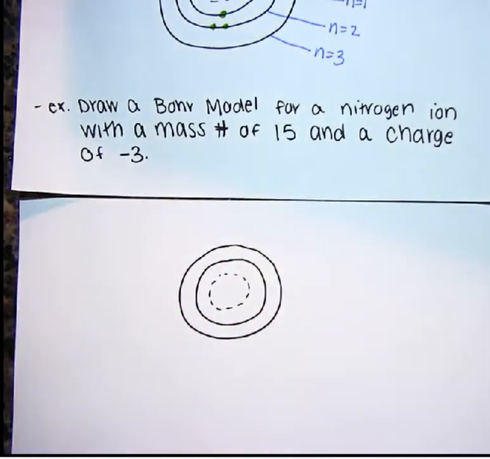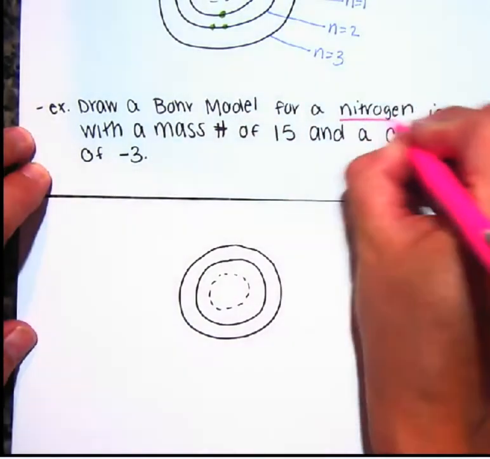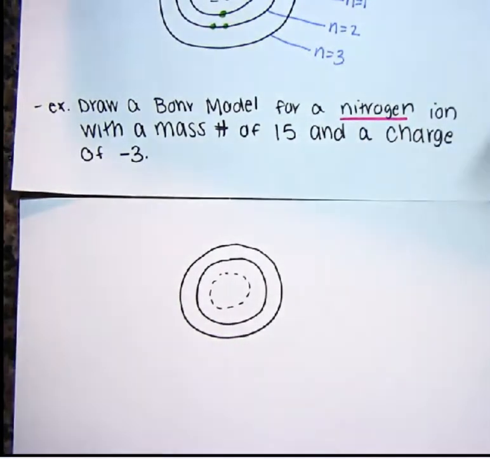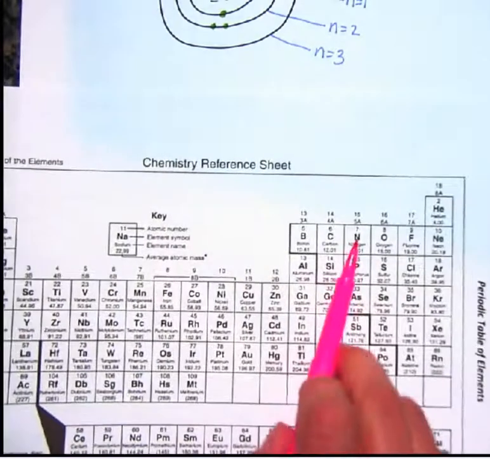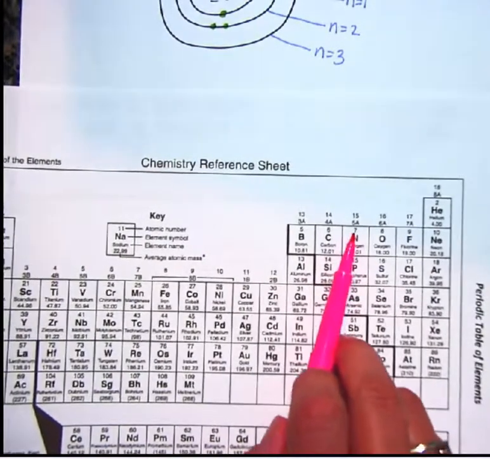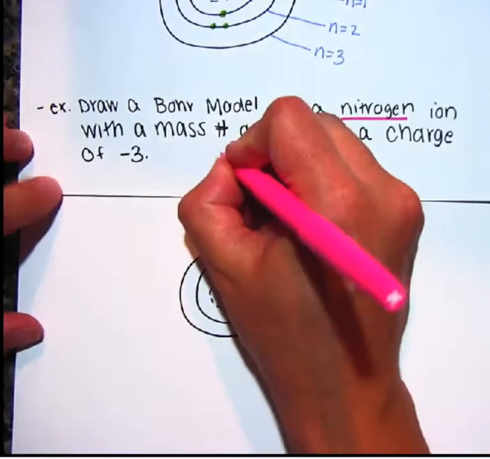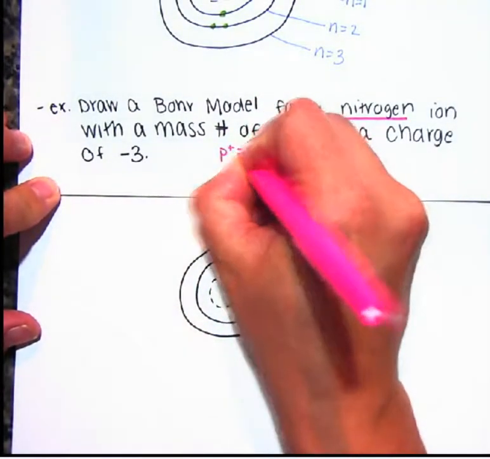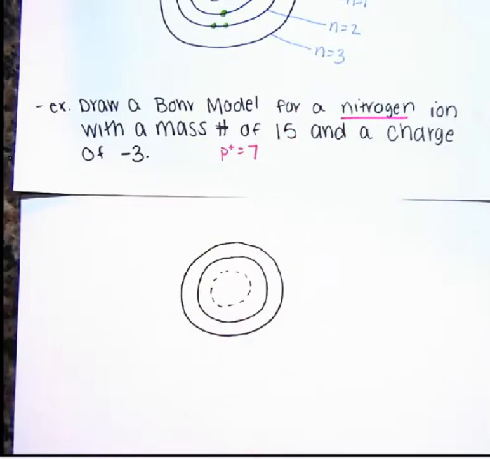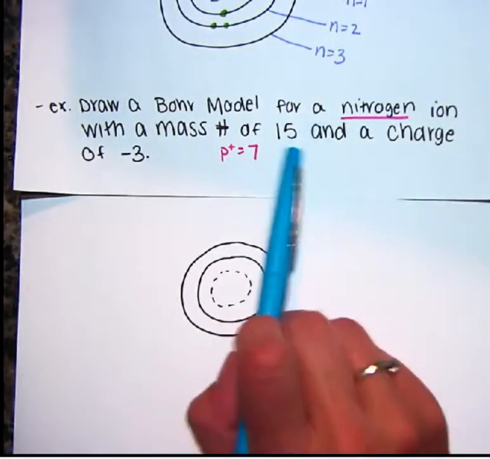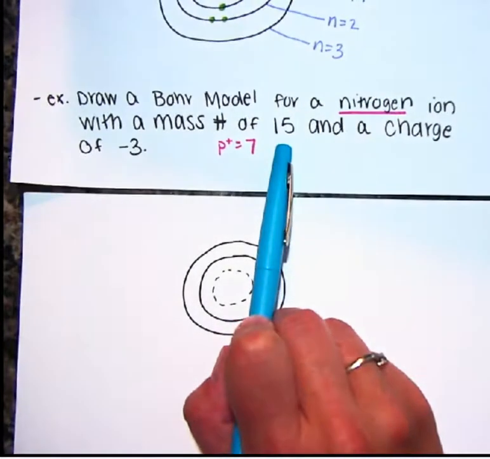So before I even start drawing this one, I want to figure out the number of subatomic particles that I have. So I know that this is nitrogen. If I head to the periodic table and I find nitrogen, nitrogen has an atomic number of 7. That means that there has to be 7 protons. Remember that the mass number is protons plus neutrons.